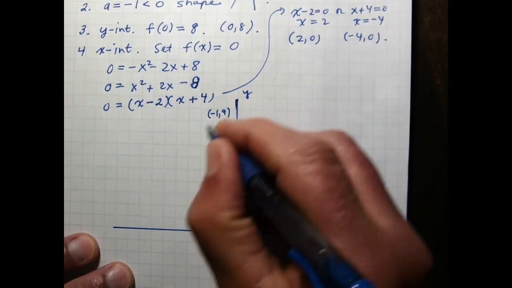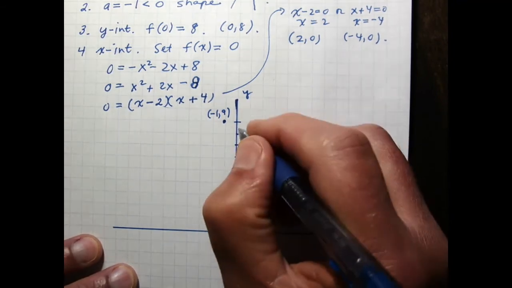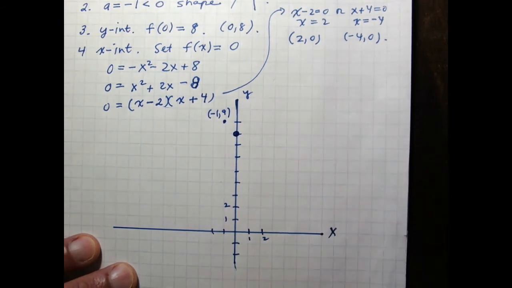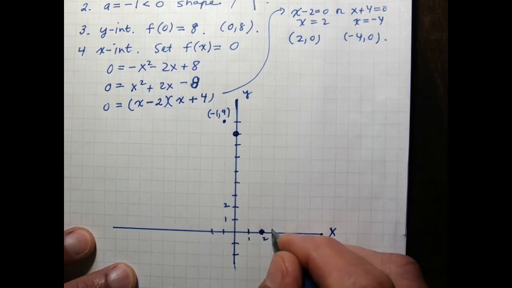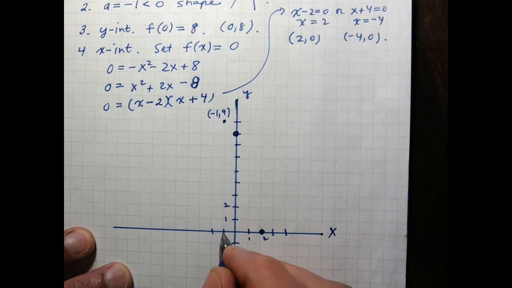And I know I'm going to be an overturned U shape, right? My y-intercept is (0, 8), so very, very close to that. And my x-intercepts are (2, 0) and (-4, 0).